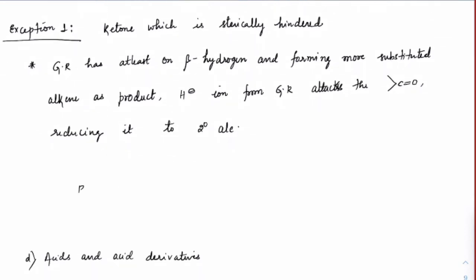For example, if you have R, C double bond O, R, and both the R's are very bulky. So bulky in a sense, it could have some kind of a formation like this.